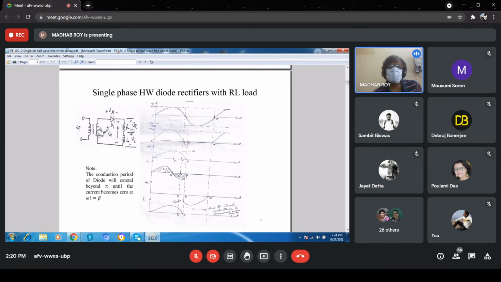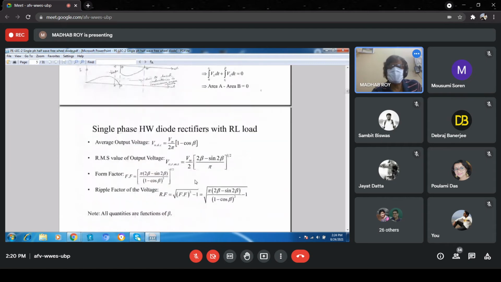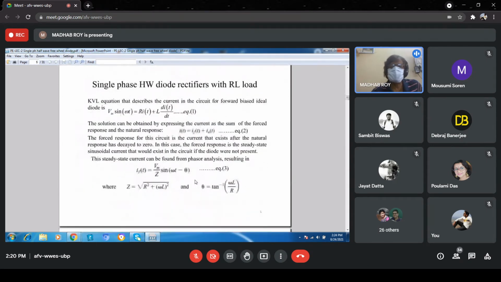That should be equal to the source voltage, Vm sin omega t. So that has to be solved by mathematical solution methods.